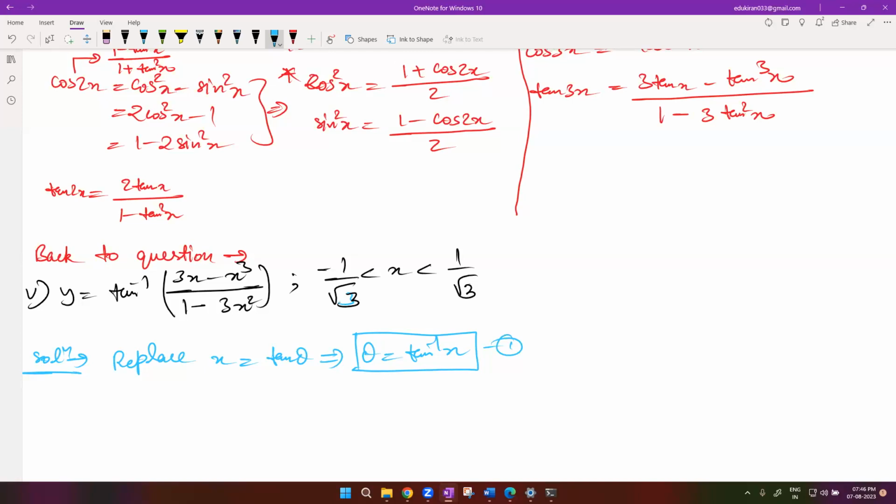So I will first reduce the given expression, which would be 3 tan theta minus tan cube theta divided by 1 minus 3 tan square theta, which is nothing but tan inverse tan 3 theta, and that is actually 3 theta only.